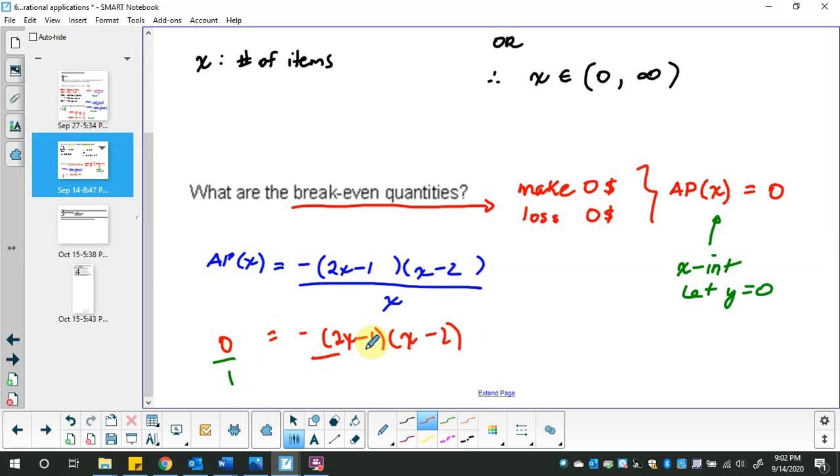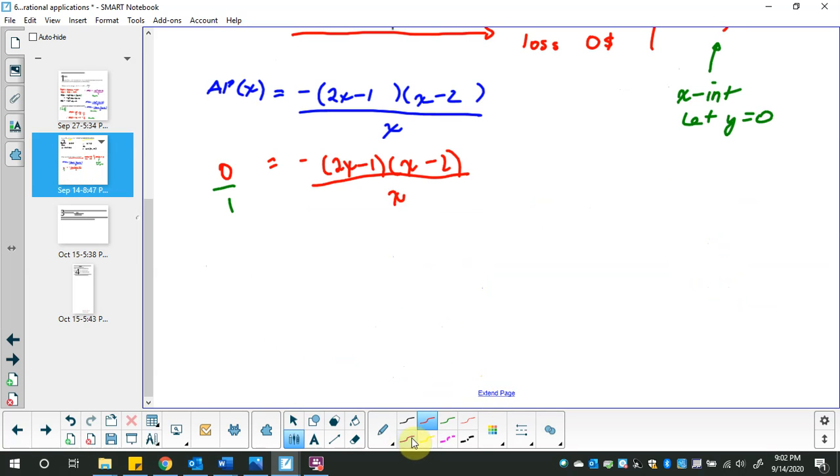Nice line. Then I can do my cross multiplying. So 1 times anything is itself, and 0 times the denominator is 0.